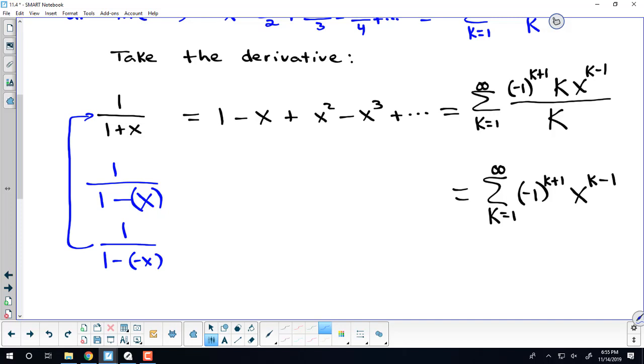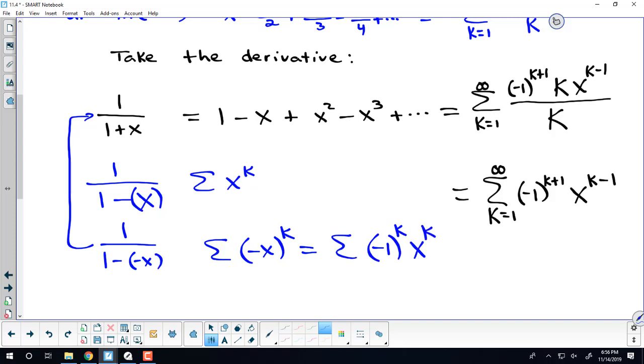The series for the geometric is x to the k. We replace x with negative x, then you have negative x to the k, which is the series -1 to the k times x to the k, right? That's pretty much what we're dealing with here.